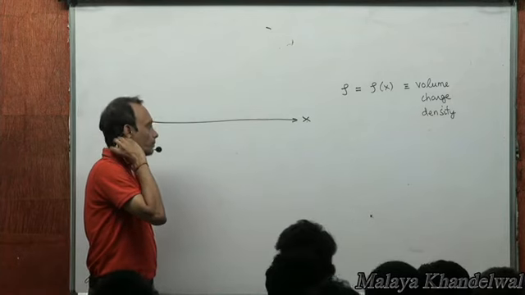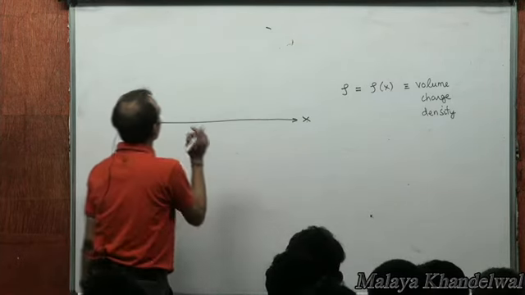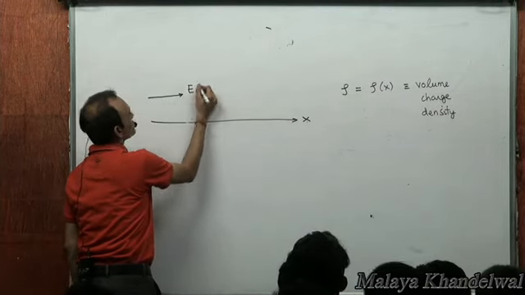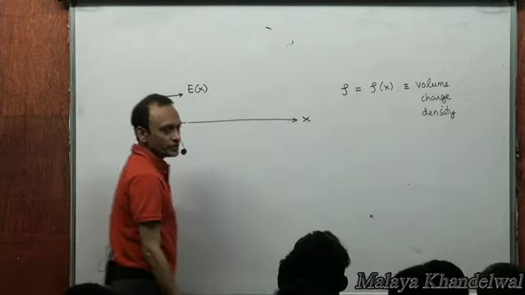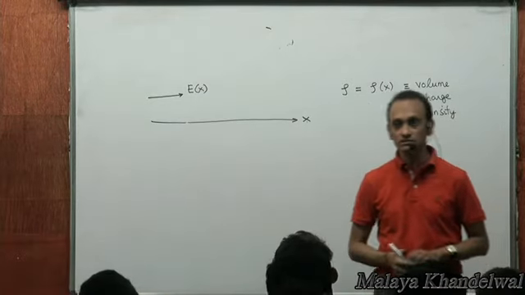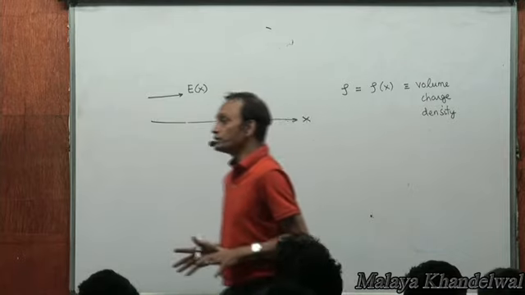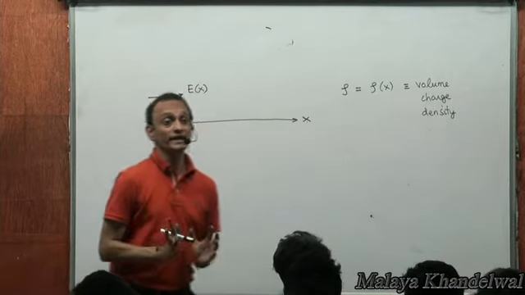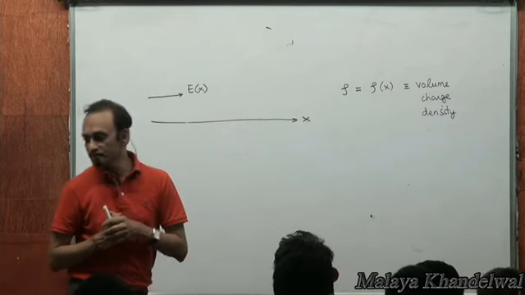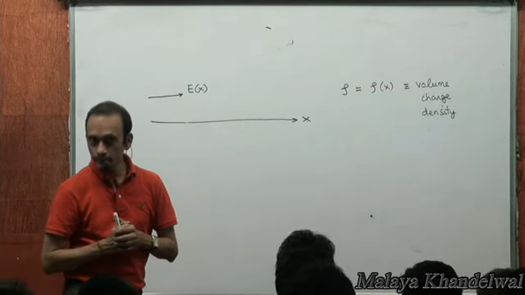Now, this results in an electric field along the x direction, as a function of x. I want to find a relationship connecting electric field as a function of x and volume charge density as a function of x.